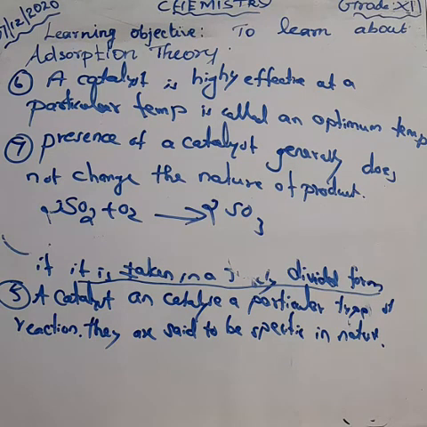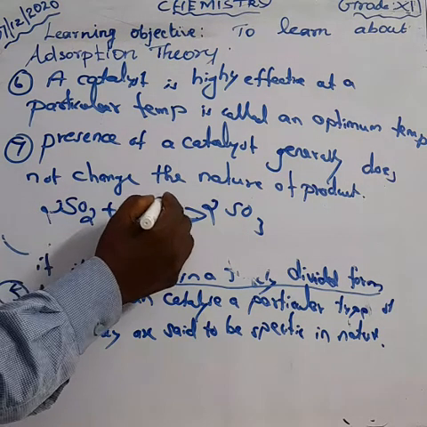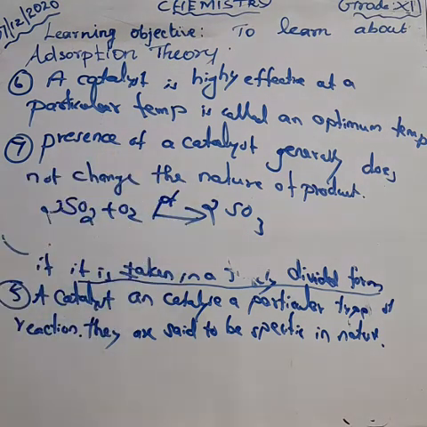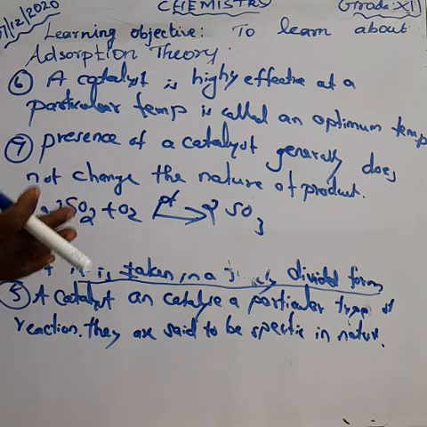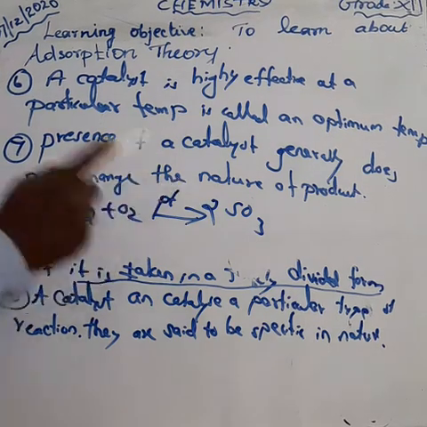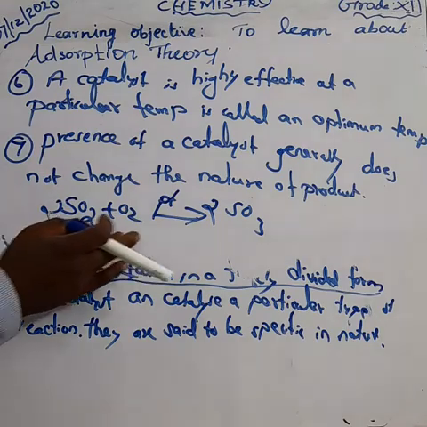But for what purpose are we adding something here? We are adding one of the catalysts, platinum, Pt, as a catalyst. A small quantity of catalyst we are adding for this reaction. Now the reaction is going fast. Am I right? Actually, the reaction is going slow. When we add a catalyst, that is platinum, now the reaction is going fast.